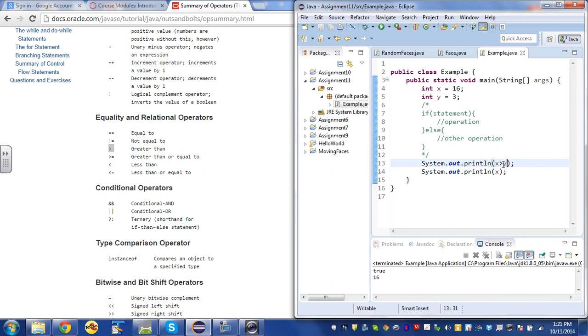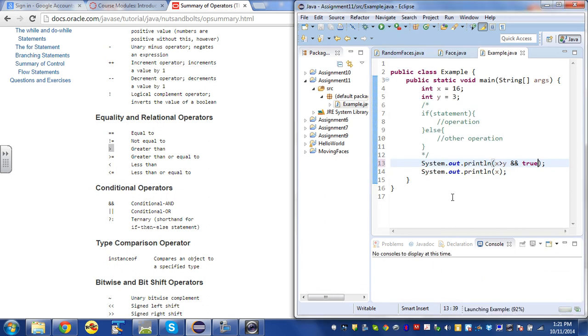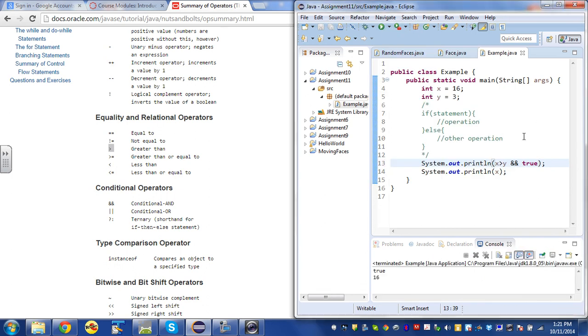And, or. So x is greater than y and true. Okay. This is going to evaluate to true. So Java will evaluate this expression and this expression, and if they're both true, then the whole thing is true.